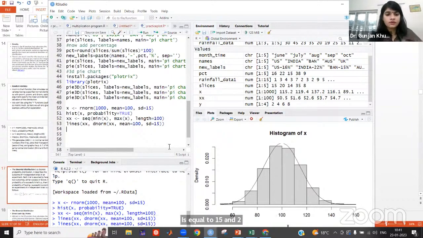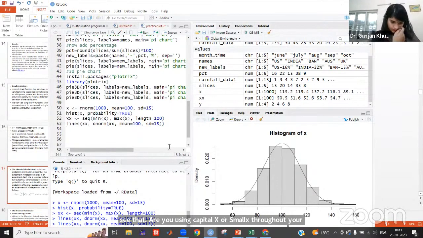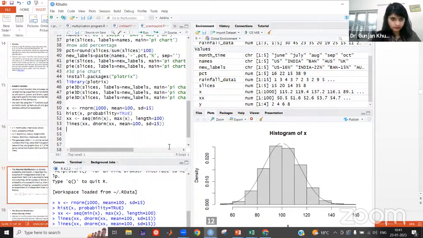Now share the picture on WhatsApp. Okay, you have shared. Are you using capital X or small x throughout? Small x throughout.